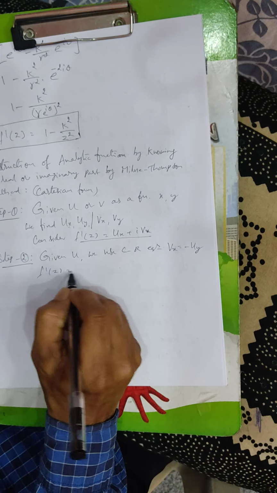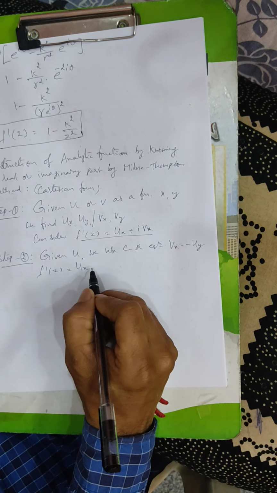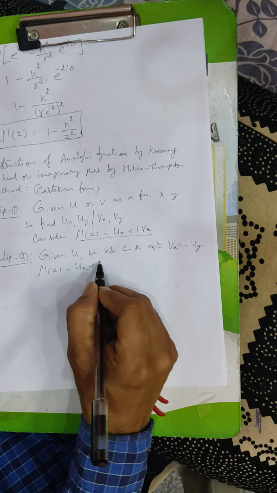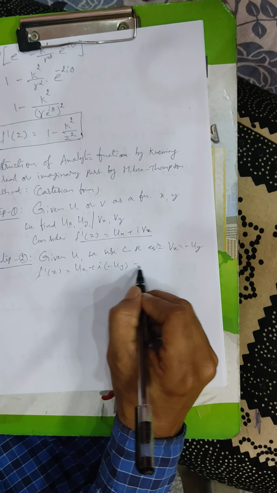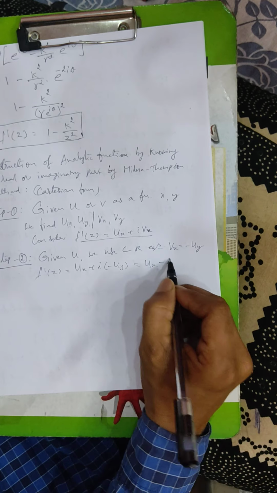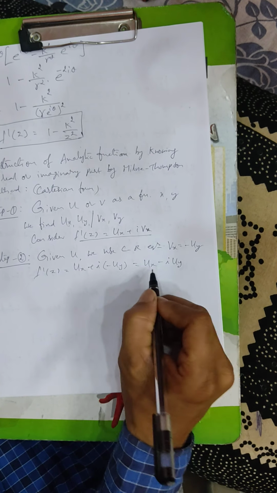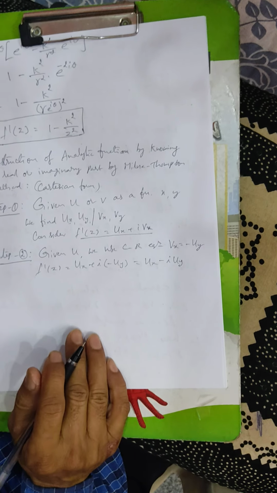Therefore f dash of z is equal to ux plus I vx, and in place of vx you can write minus uy, so that it becomes ux minus I uy, where both ux and uy are known.